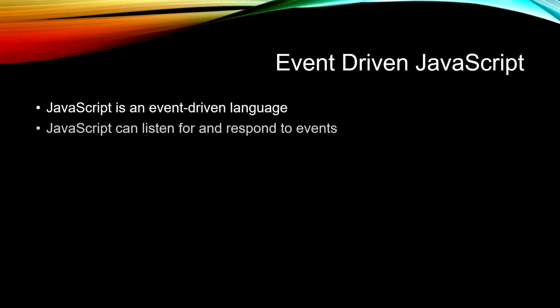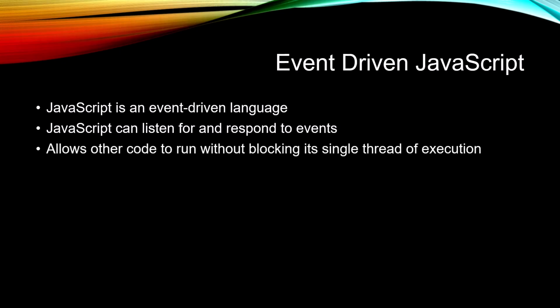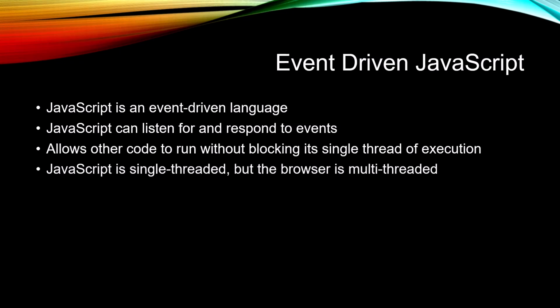So now that you've understood how callbacks are called, let's now see how we can apply that to asynchronous programming. Well, first off, JavaScript is what's called an event-driven language. So that means that it can listen for and respond to events. This allows other code to run without blocking its single thread of execution.